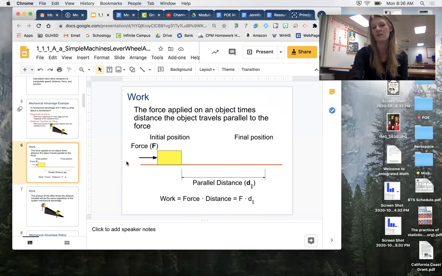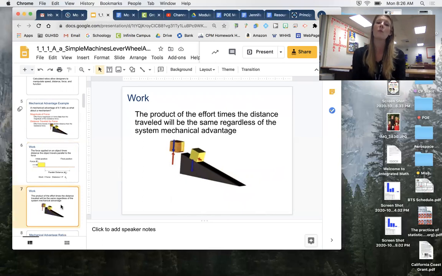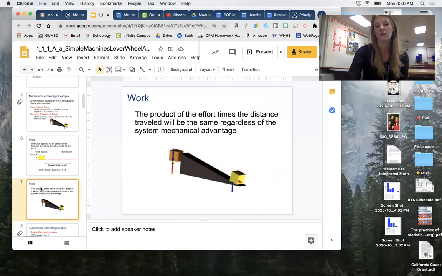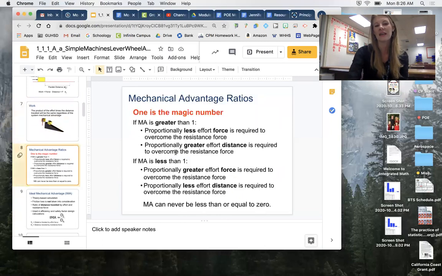So here's the force, and you can see the parallel distance here to the force. So work is the product of the effort force and the distance traveled, and that will be the same regardless of the system of mechanical advantage. I'm going to get into that here.